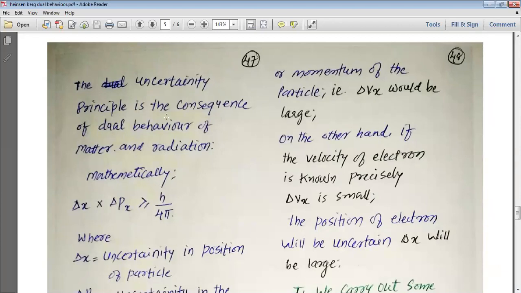Mathematically, we can write Heisenberg's uncertainty principle as delta x into delta px is greater than or equal to h upon 4 pi.